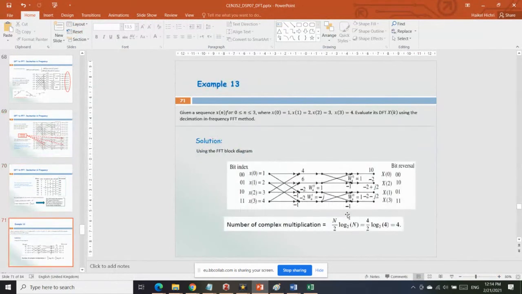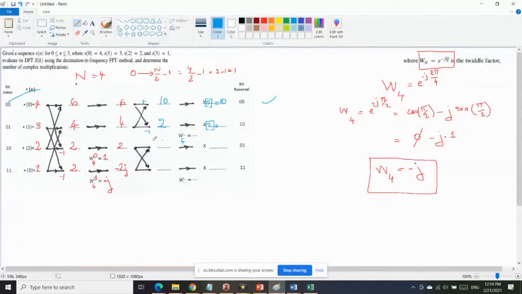Okay, always N. So still W4 to the power of 0, because I have only 2 points here, and half of that is 1, so there is only one weight, to the power of 0, which is 1 in the end. So it stays the same.